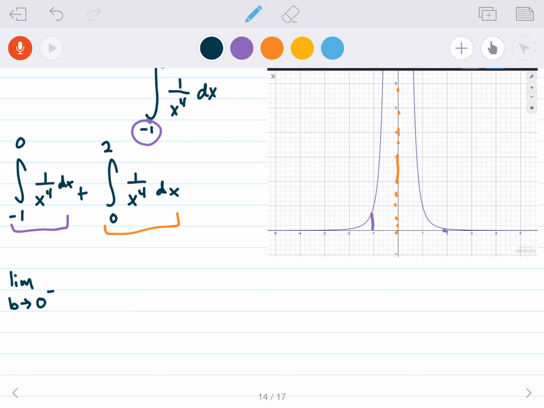Because I'm coming up from the left, if you can see that on the graph. Okay, and then we're going from negative 1 to b of 1 over x to the 4th dx plus, in orange, this time our lower limit is the problem, so I'm replacing that with a. And we're coming from the right.